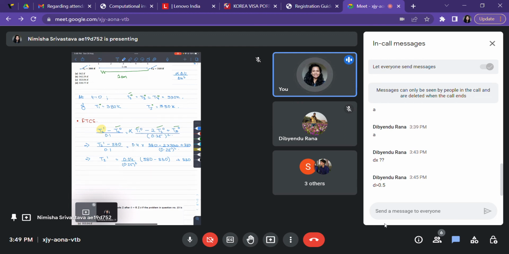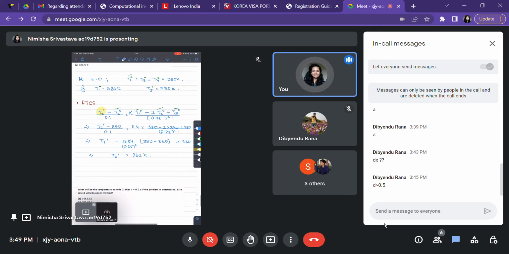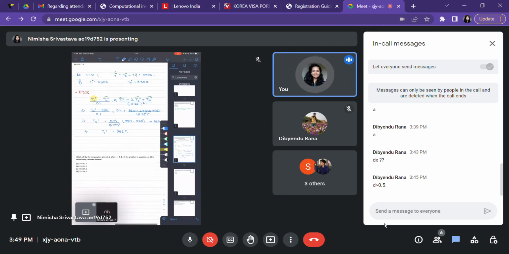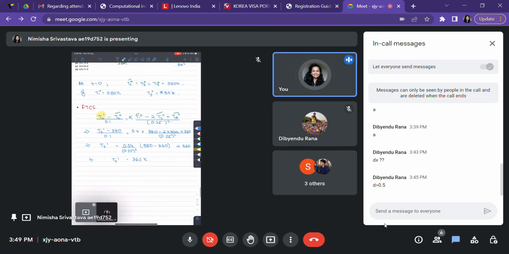I'm getting 362 for T2 one. I hope you agree. Then you repeat. Basically, you'll need to repeat this process for T3 as well, because you need T3 one in order to compute T3 two, right?